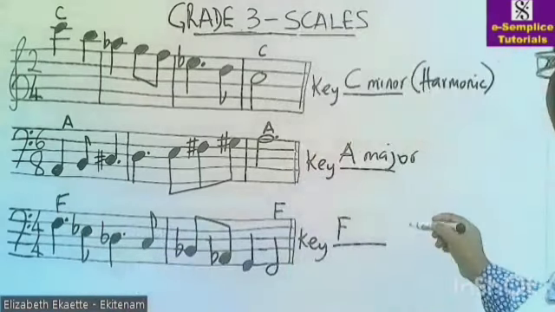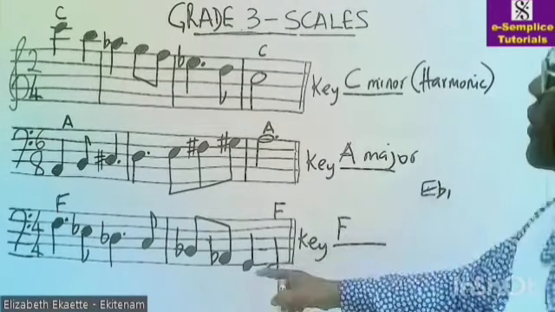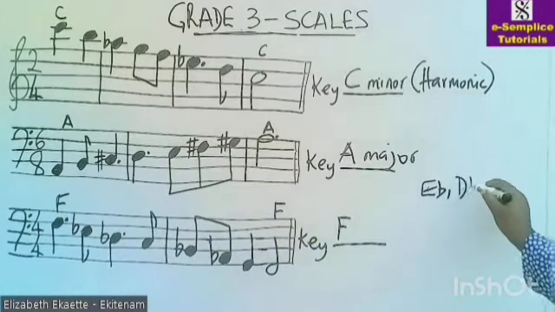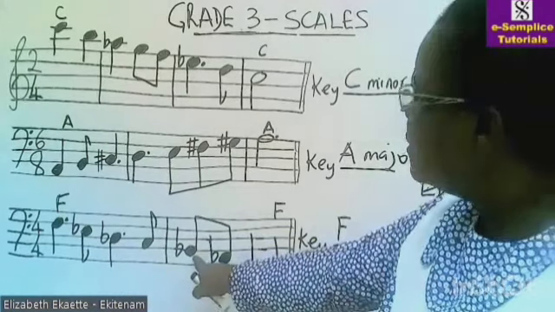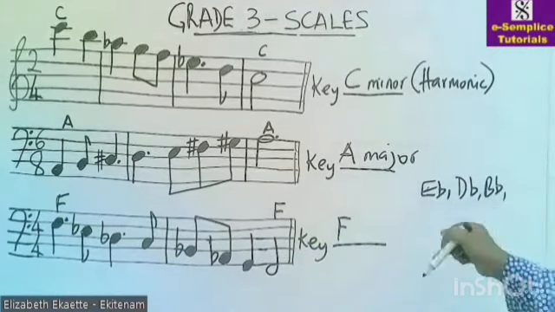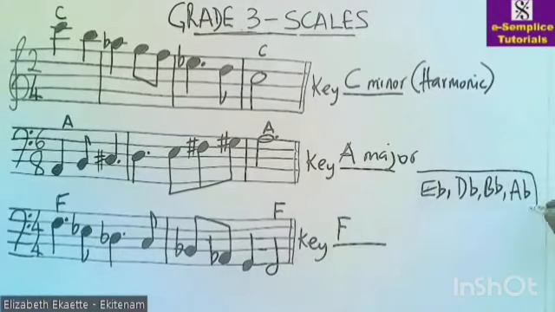That's E flat, D flat, then B flat, then A flat. So these are the accidentals in the scale given.